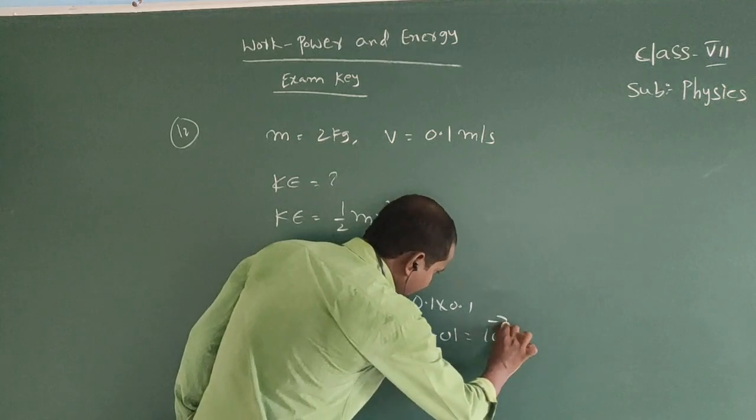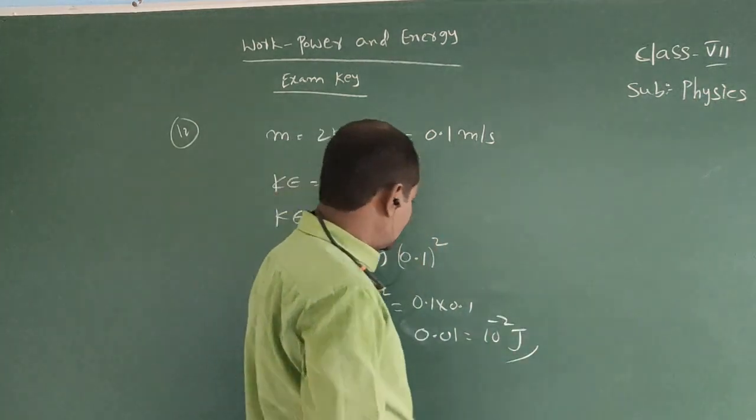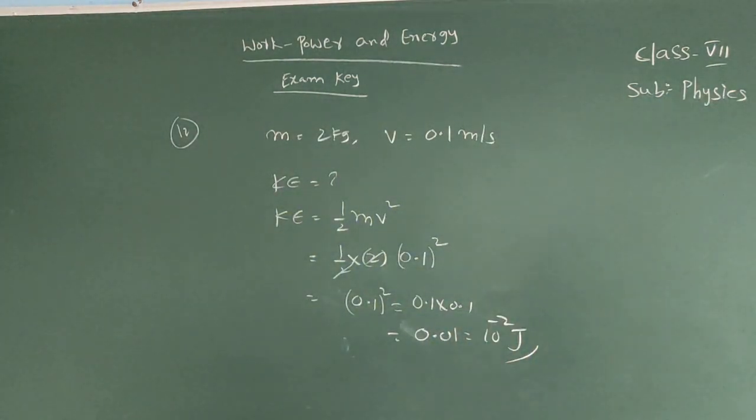We can write 10 power minus 2 joules. So option number 2 is the answer.